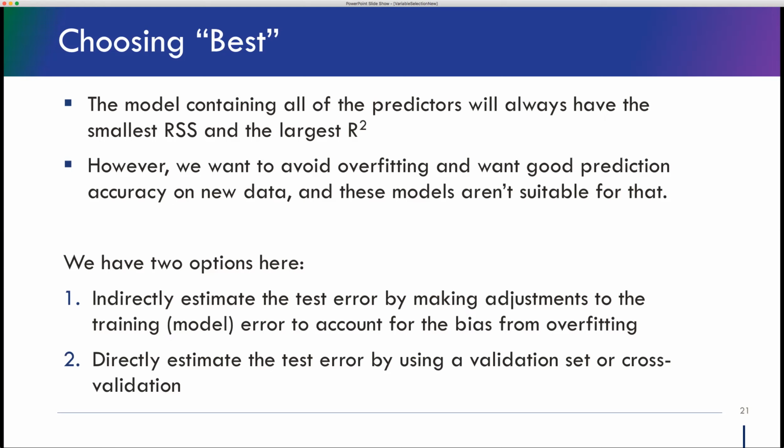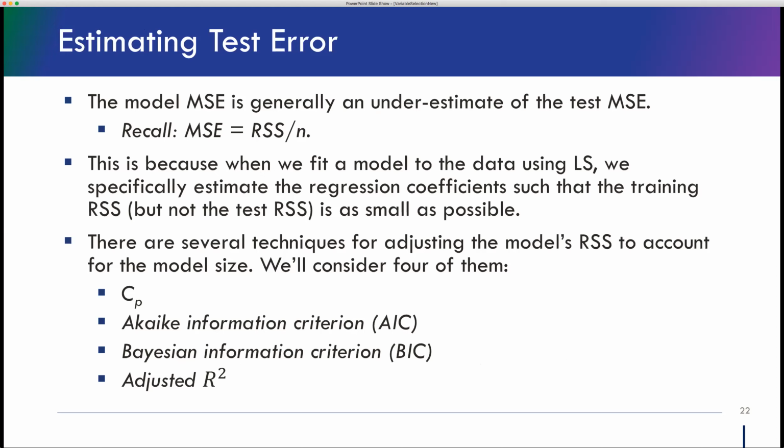But the variable selection in this chapter, we're estimating the testing error by running the models on the training data and doing some adjustment on the RSS, on the criteria.